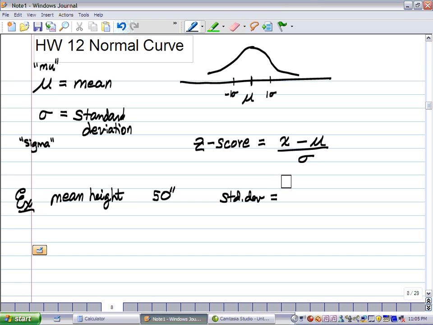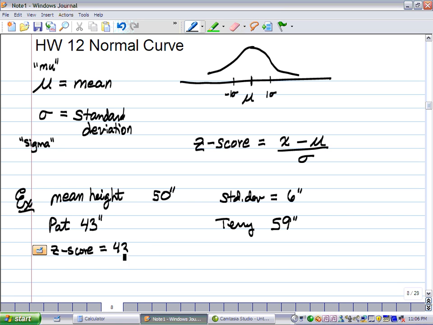Make it 6 inches. Okay, let's say Pat is 43 inches. Terry is 59 inches. Let's find their z-score.